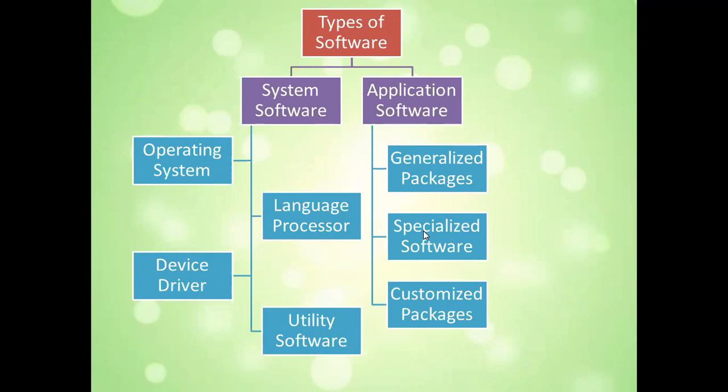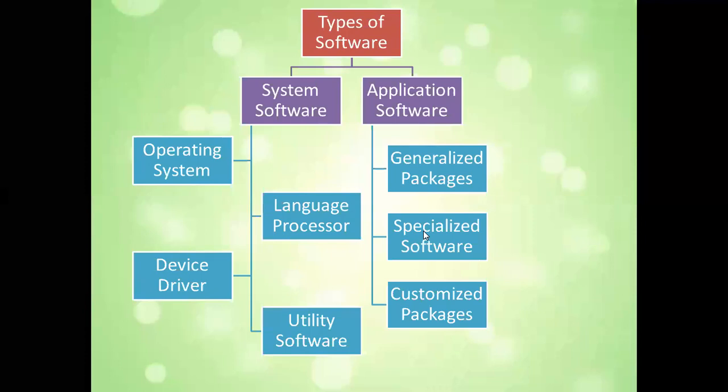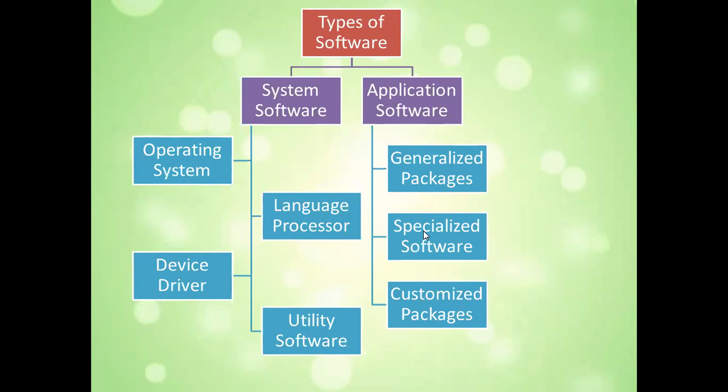I am selling a few different items which are not sold at McDonald's or somewhere else. So customized software are those software which are made only for a particular organization or company, according to their needs and requirements.